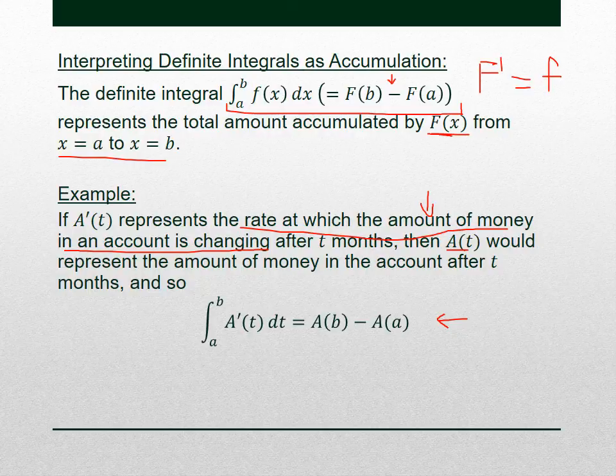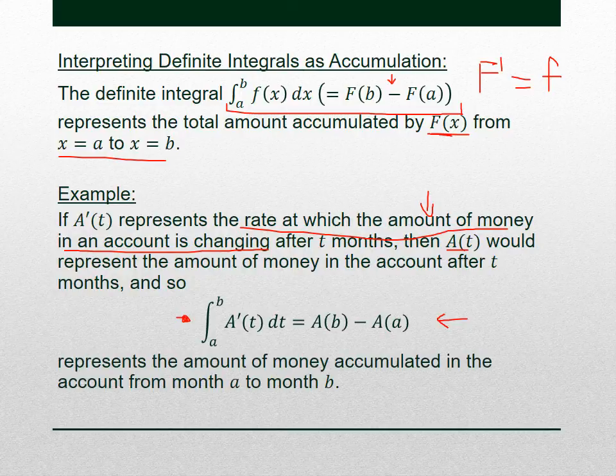Another way to say that is that's the amount of money that is hopefully gained, since it's money, or the amount of money put in, or maybe if you lose money, that's the amount of money lost in that account from month A up to month B. And we can represent that with this definite integral of A prime. So that's the amount of money accumulated from month A to month B.